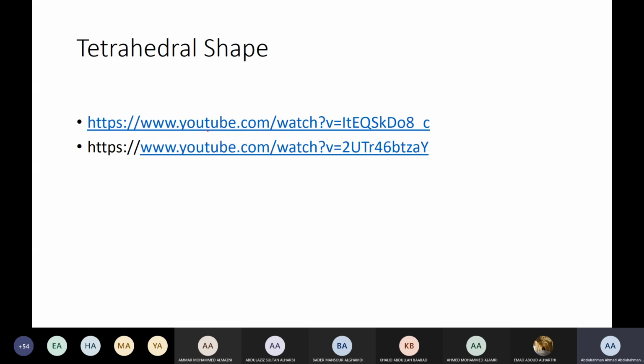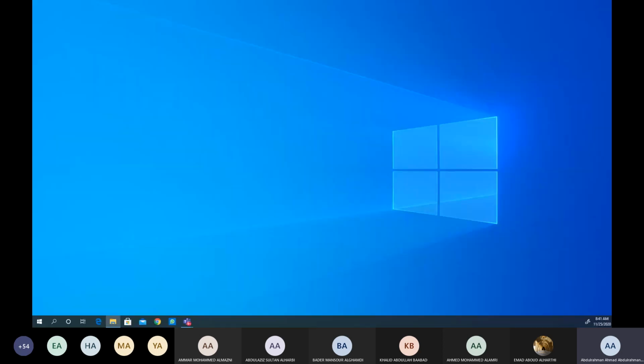Okay, this is the shape, very quickly, of the tetrahedral.